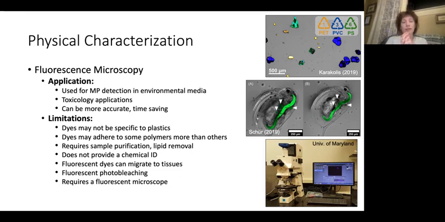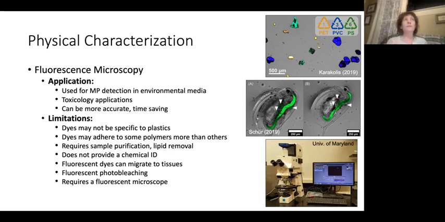It doesn't provide a chemical ID. It just tells you that it's maybe plastic. And those fluorescent dyes can migrate to tissues, they can also photo bleach, and it requires a fluorescent microscope. So there are benefits to using this approach, but also some drawbacks.